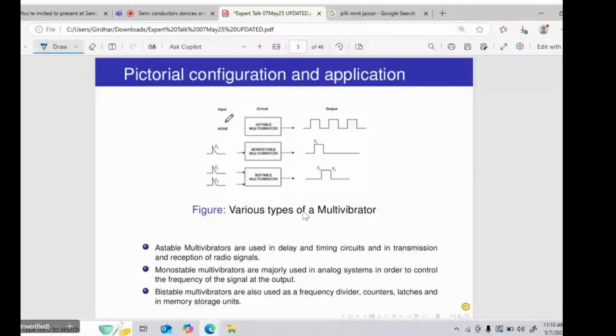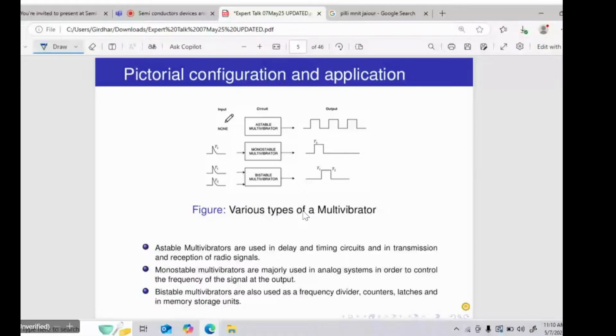In the bistable multivibrator, there are two pulses T1 and T2 that can be used to form a pulse, right? So this is the simple pictorial representation of the different types of multivibrator, and how they are distinct from each other.